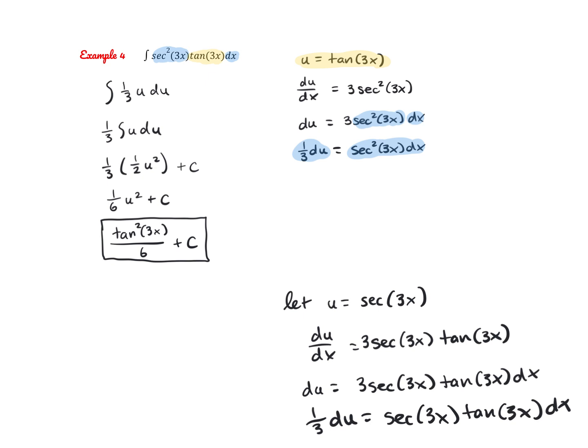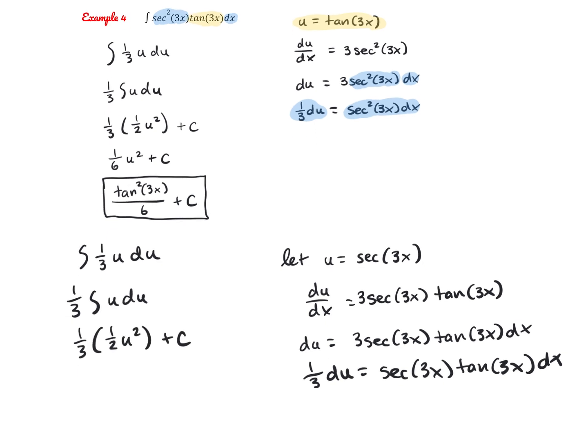So again, when I do that substitution, I end up with 1/3 u du. So remember, when we substitute this, we need to include the 1/3 and the du. And then I'll pull the 1/3 out front. We get 1/3 times 1/2 u squared plus c.